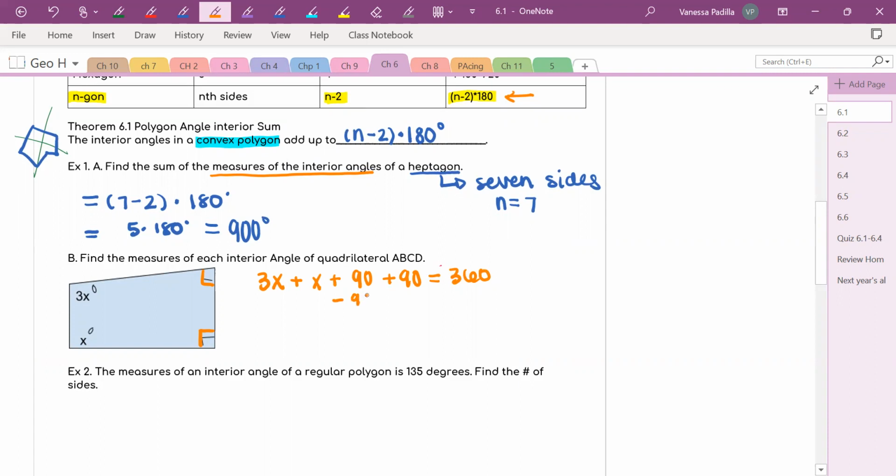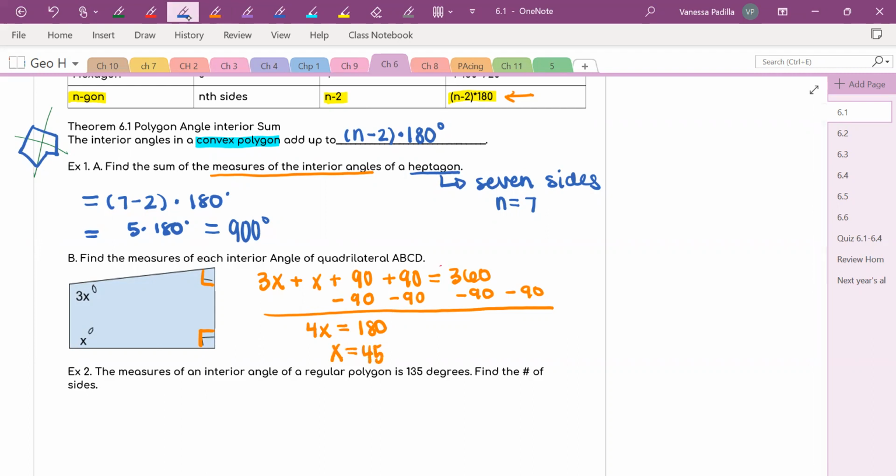We'll subtract 90 twice, and then we'll go ahead and add 3x plus x. So that gives us 4x, and then that equals 180. So if we do 180 divided by 4, we get 45. So x is 45, but that's not the measure, so you still have to find the measures.